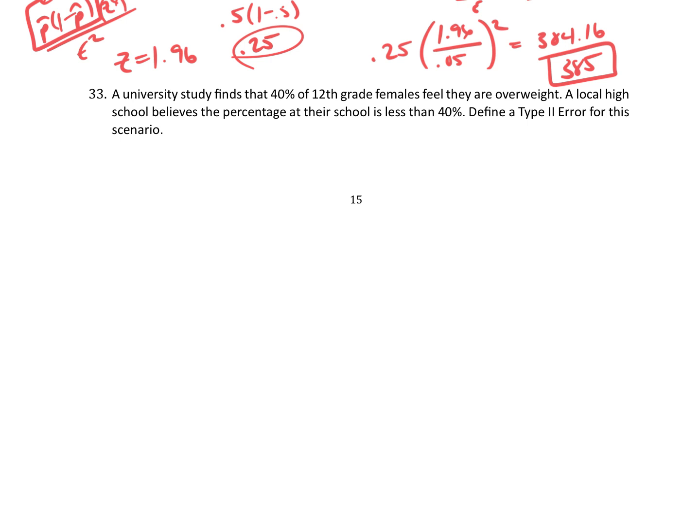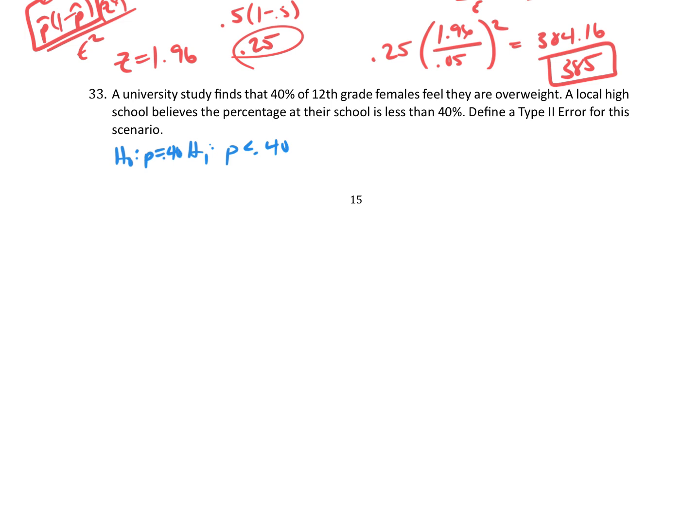All right, last problem. A university study finds 40% of 12th grade females feel they are overweight. A local high school believes the percentage is less than 40%. Define a type 2 error for this scenario. So we need to know H0 and H1. H1 is that the proportion is less than 0.40. H0 is the proportion is 0.40.